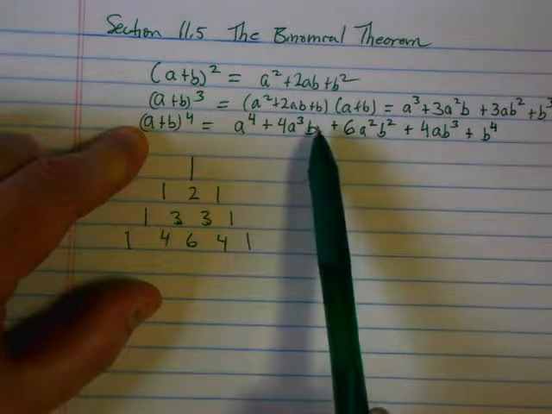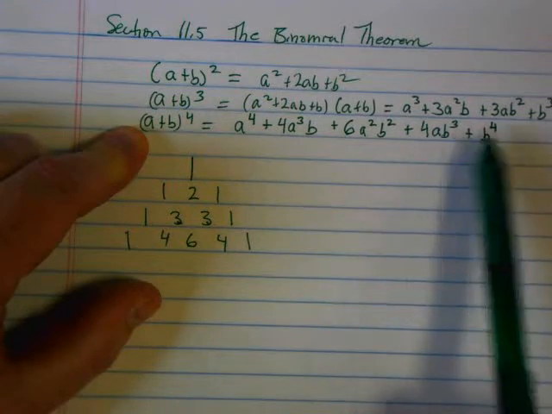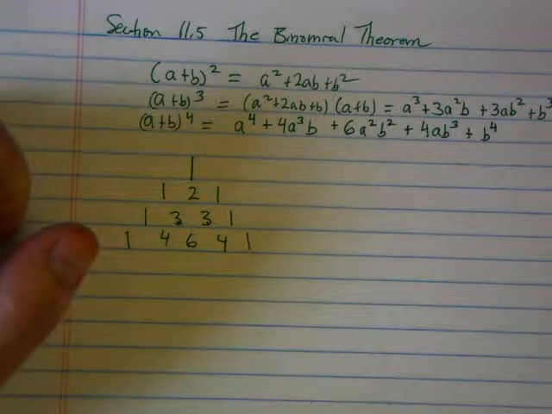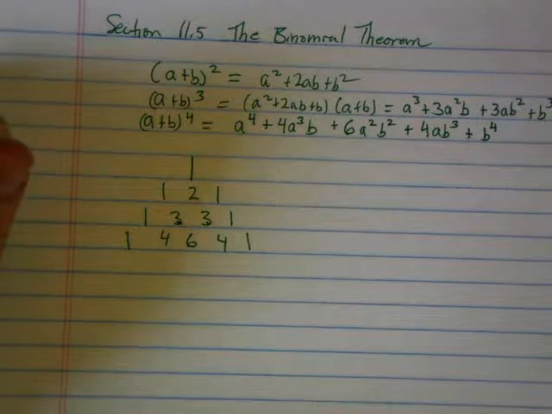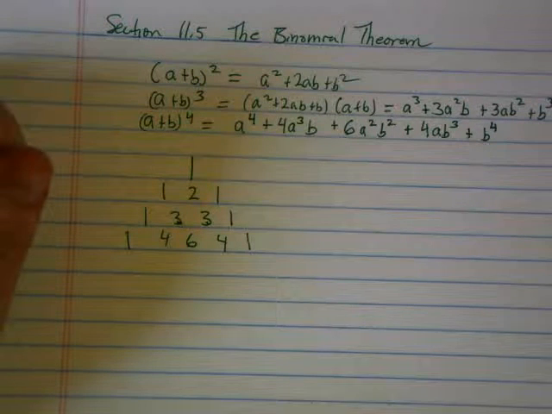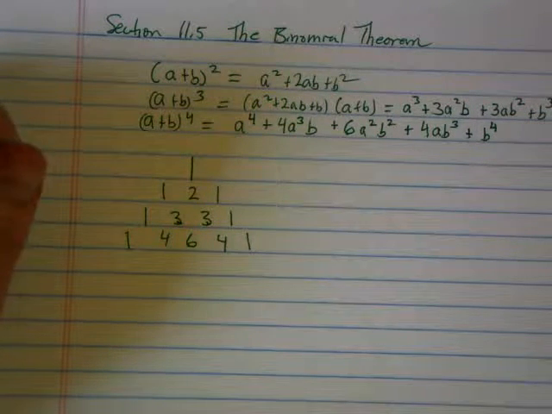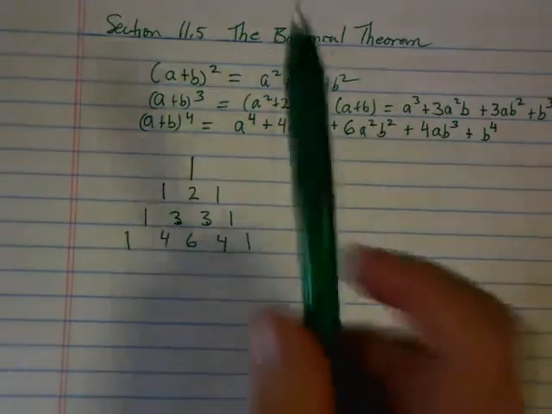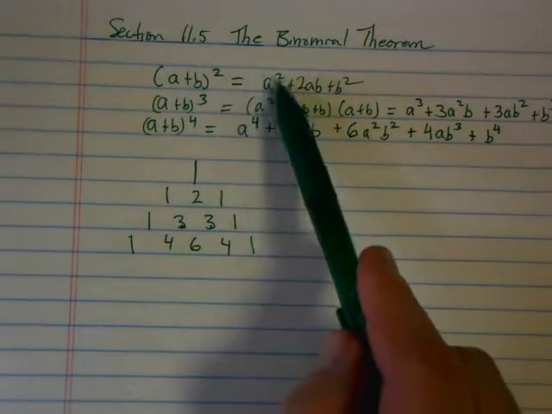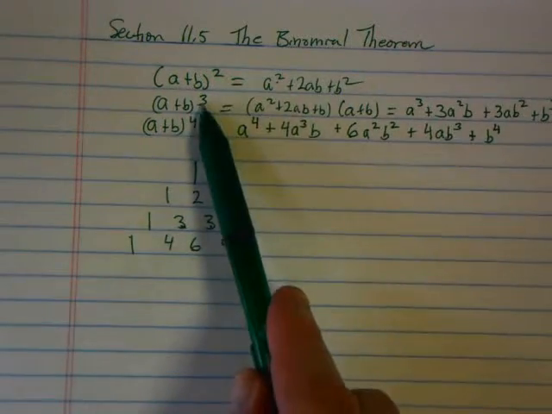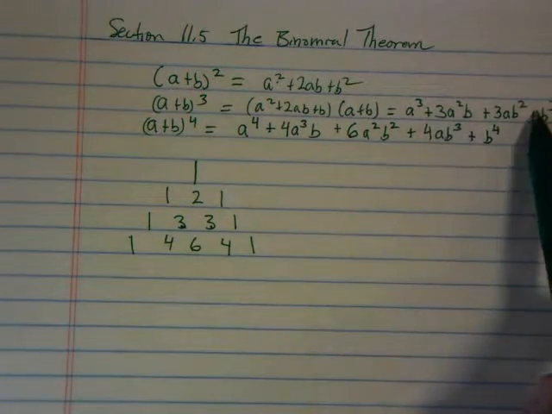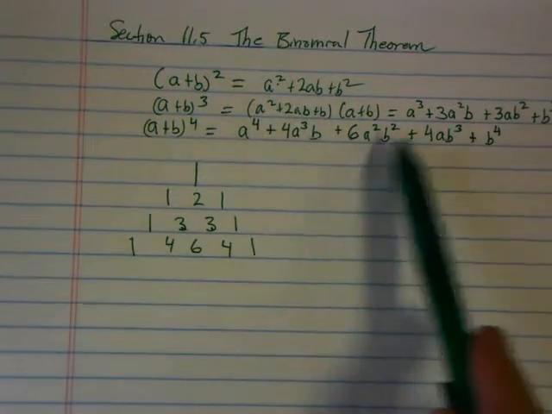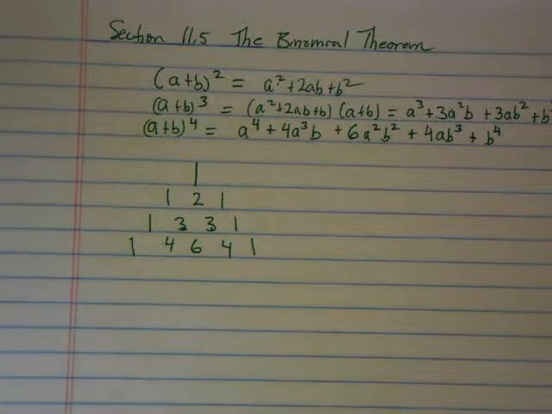And then on each step, your b's simply get bigger. So that's a good question. This one had power of 2, and then there were 3 terms, 1, 2, 3. This one had power of 3, we ended up with 4 terms. Power of 4, we ended up with 5 terms. That certainly seems to be correct.